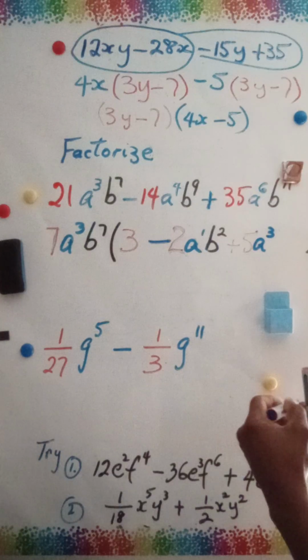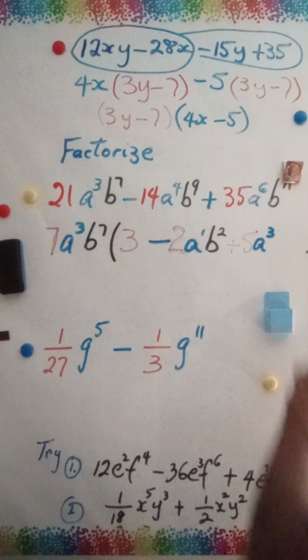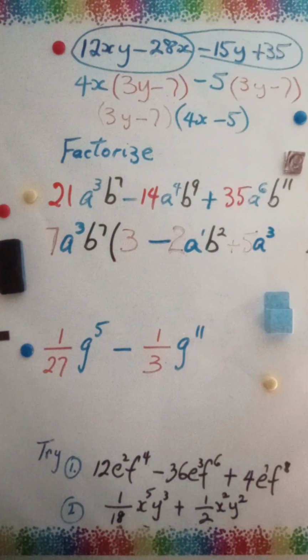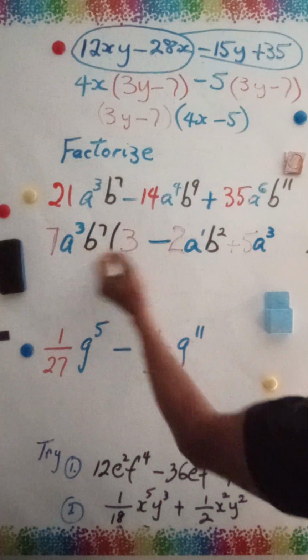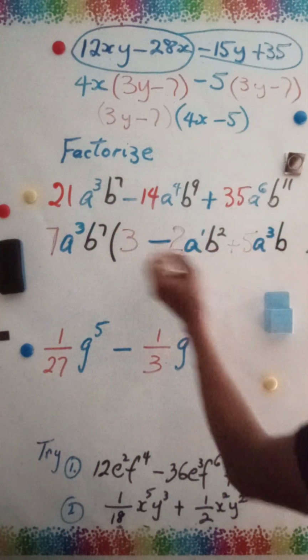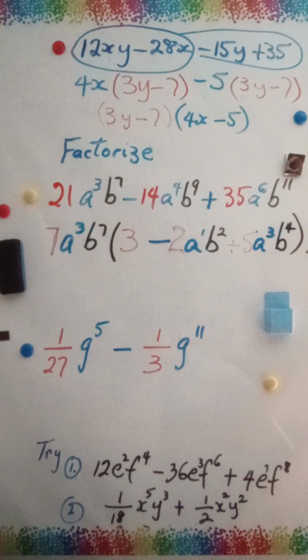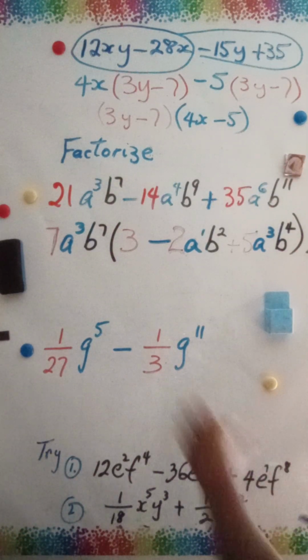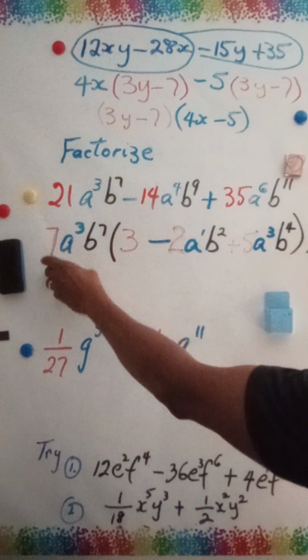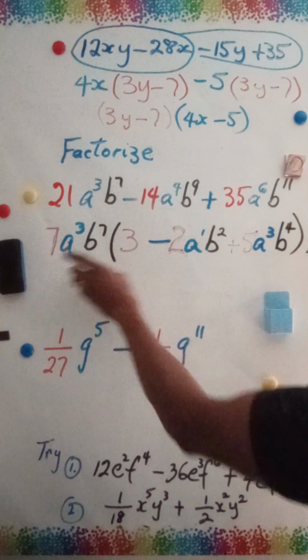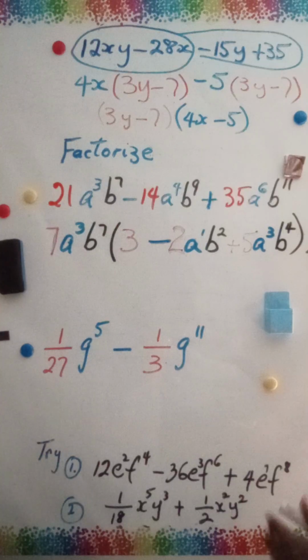So you can add it in a way to check back. And from there, we're going to the black now, b to the 7th into b to the 11th. 7, and how much more is 11? 4. And that's the end of that system. And if you want to distribute, check and see if you're going to get back the same result, you'll more than likely get back the same result. So you can do that.